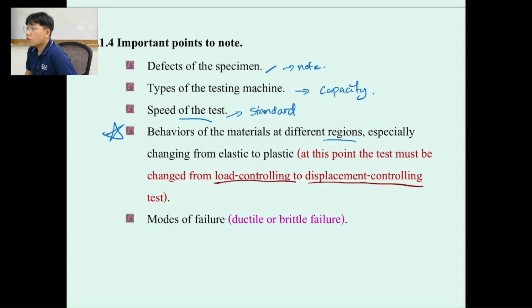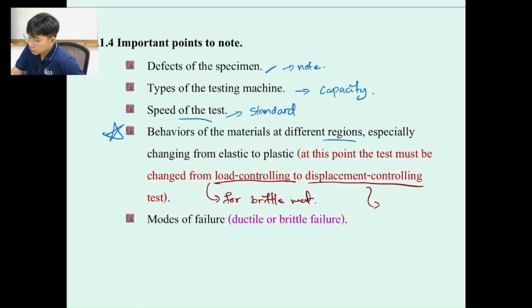One is load controlling. The second one is displacement controlling. For load controlling, we use it for brittle material. For displacement controlling, we use it for ductile material.